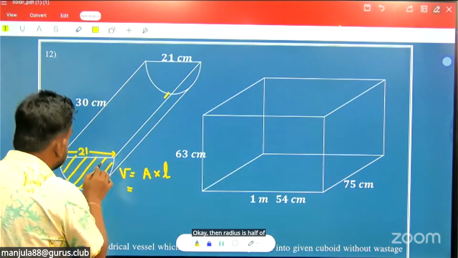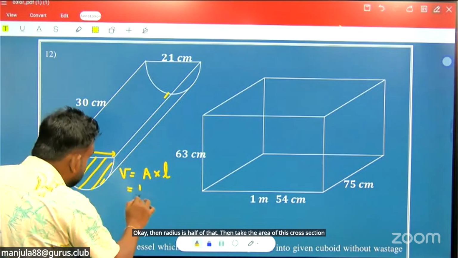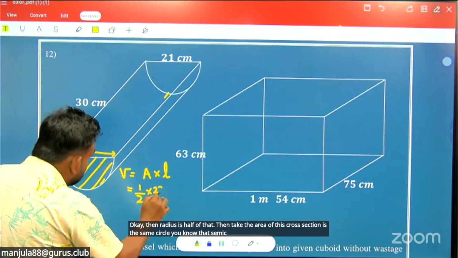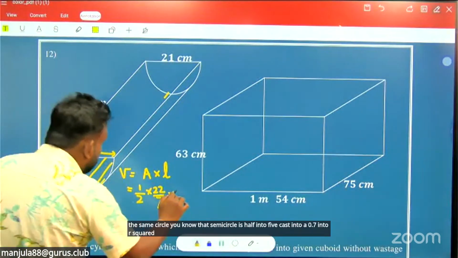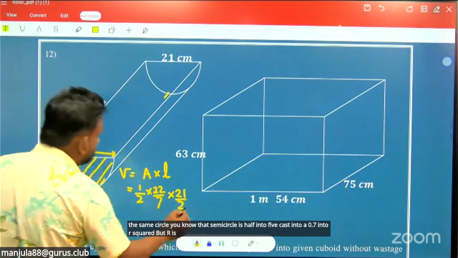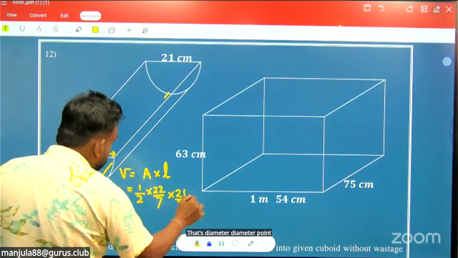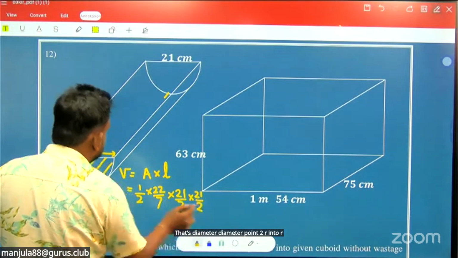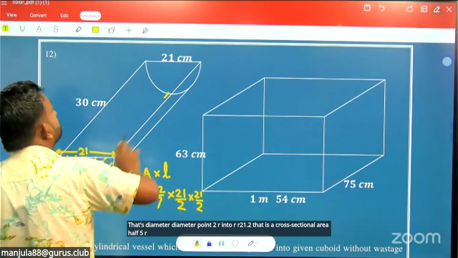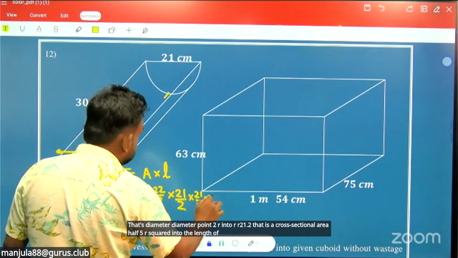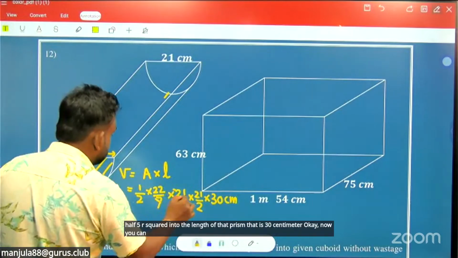Then take the area of this cross section, which is a semicircle. You know that a semicircle is half into pi r squared, which is half into 22 upon 7 into r squared, but r is 21 upon 2, the diameter upon 2. That is the cross sectional area, half pi r squared, into the length of that prism, that is 30 centimeters. Now you can simplify: 7 1 7 3.